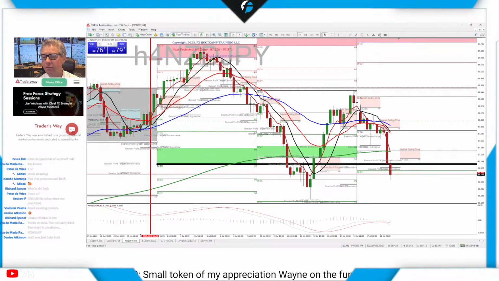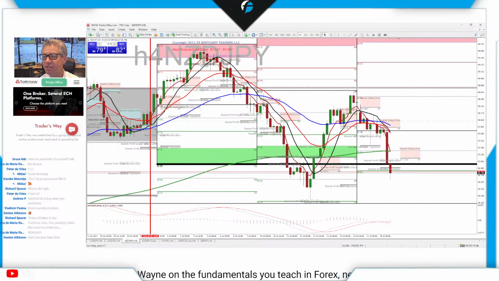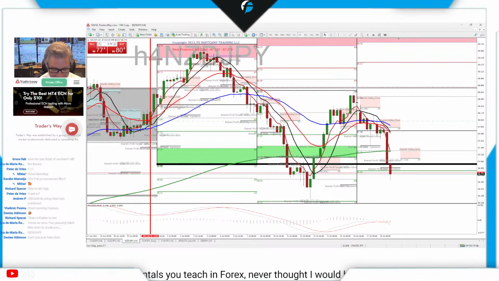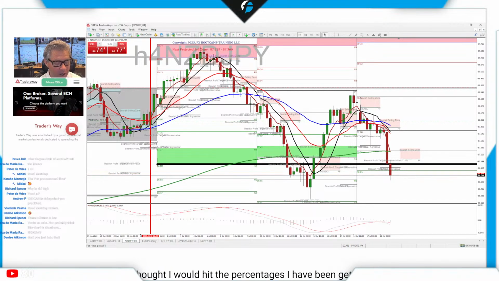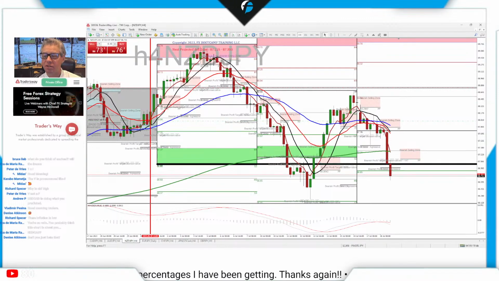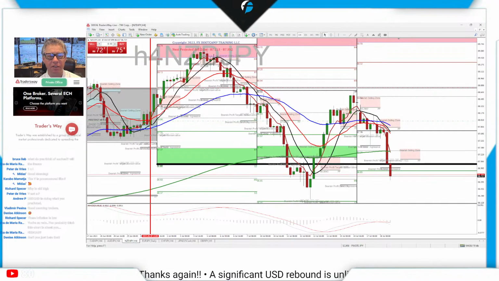So the question was, why is Swissy strong? So I just did comparative analysis of central bank expectations, not just of a hawkish Swiss National Bank, but of a dovish Reserve Bank of New Zealand.